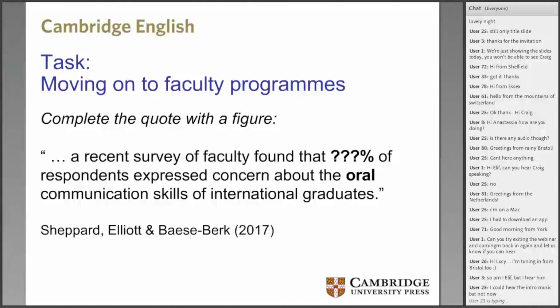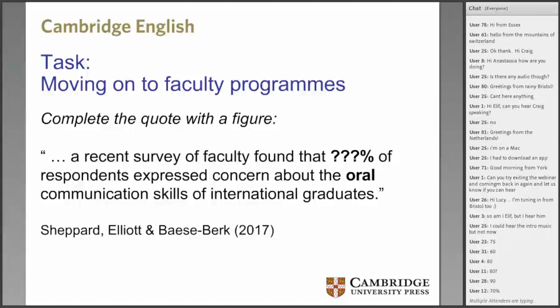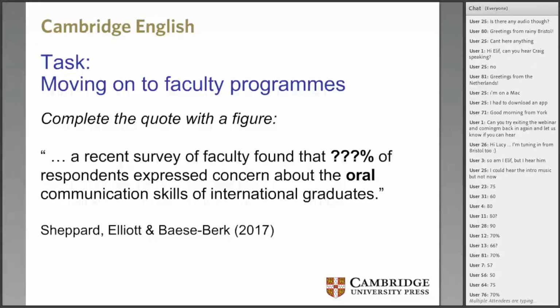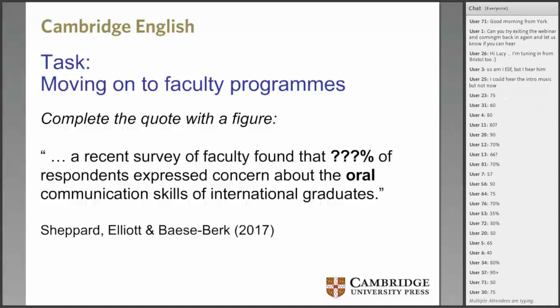So what I'd like you to do is, you see I've put question marks by the percentage. So a very simple little task, see if you can guess what percentage of respondents expressed concern about the oral communication skills of international graduates. So have a think and then type in a number, see how you go. It's just to kind of get us underway.